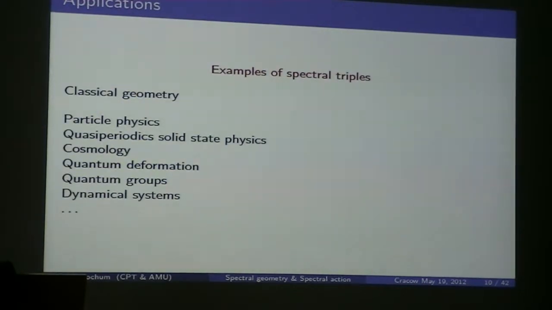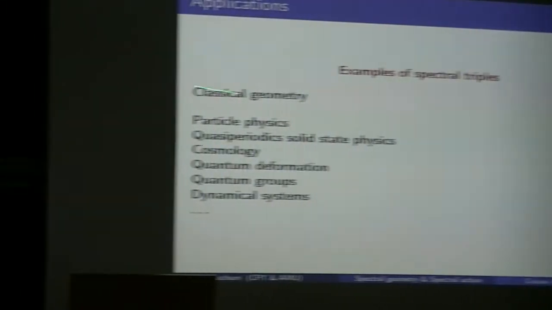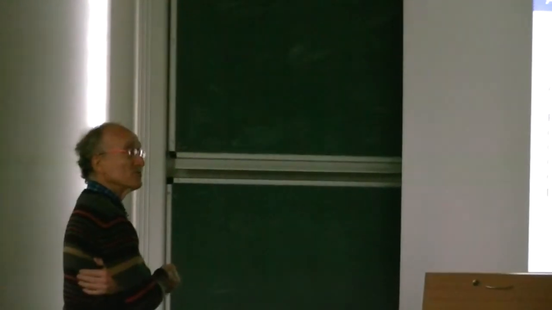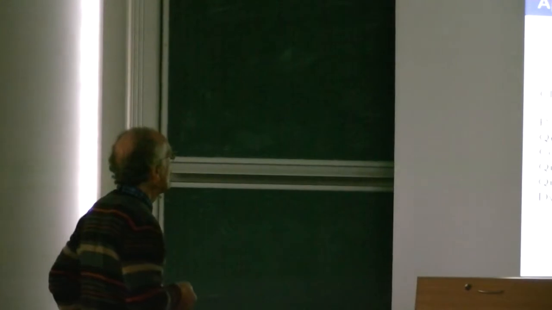So, as examples of spectral triples, you have, of course, all, I do insist, all classical geometry, with all its difficulties. But you also have particle physics. Why? Because you can put matrices and SU(1), SU(2), SU(3), and so on, in some quantum unification scheme without problem.